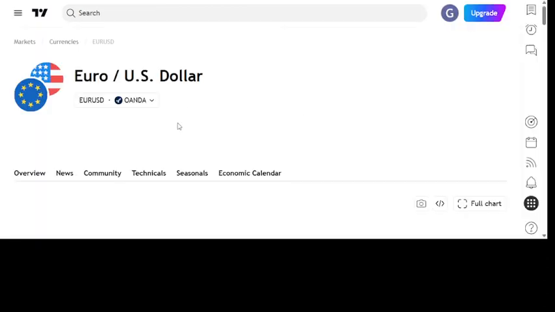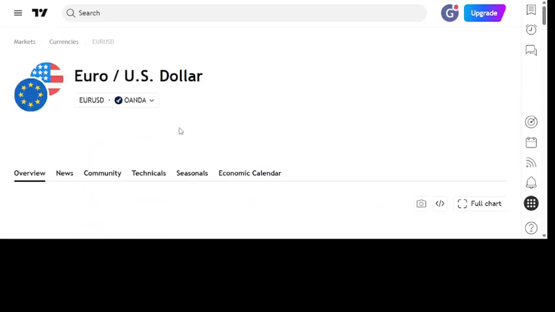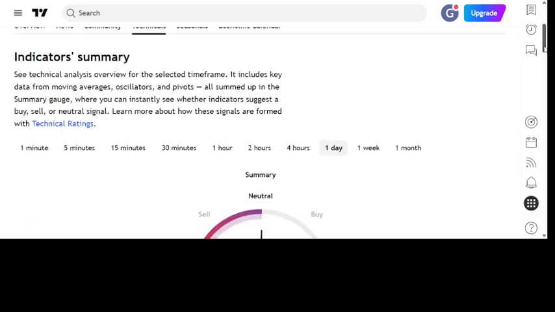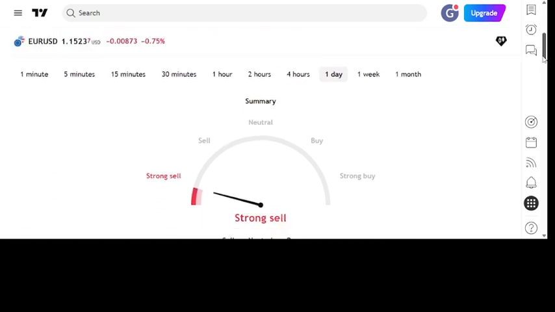and this loads up these technical indicators. Oh, wait a minute. First, once you do the Euro USD, then you click on technicals here. All right, for the Euro USD. So what we have here is a technical indicator.